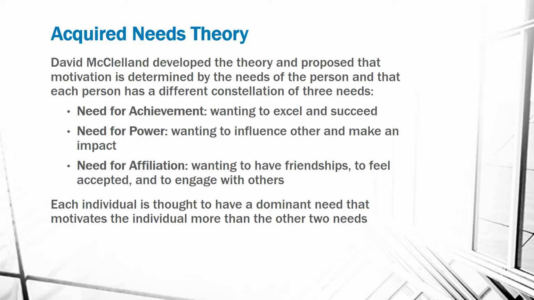Need for achievement refers to wanting to excel or succeed. Maybe you're pursuing further education because you have your own need for achievement and wanting to move on. Need for power is wanting to influence others and make an impact. And finally, need for affiliation, which is wanting to have friendships, feel accepted, and engage with others.